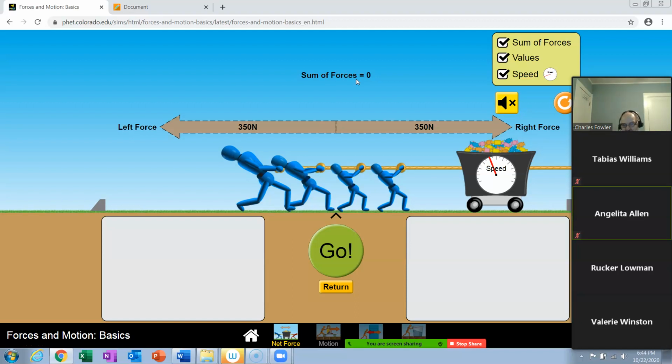So what's the relationship between the sum of forces and the speed? That's a little bit tougher, but still I think it's doable. If the sum of the forces, where do you want to start? We can do left, right, or zero.